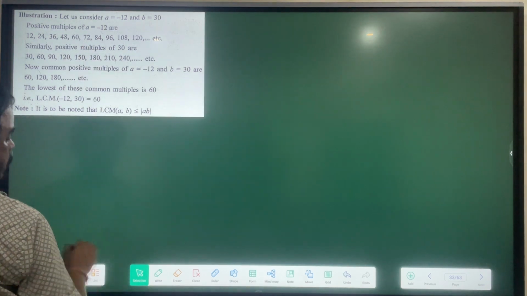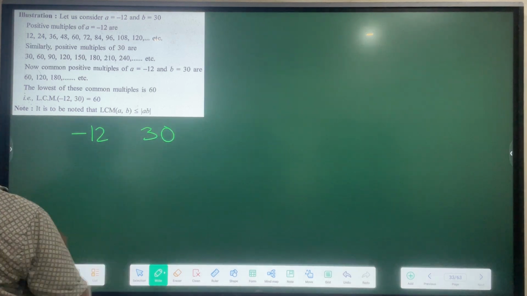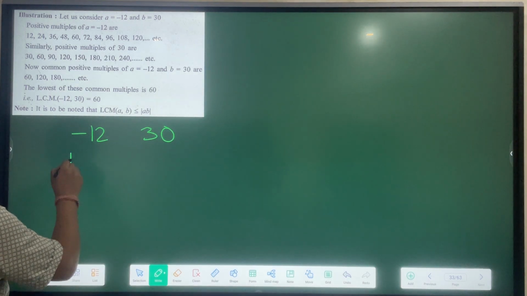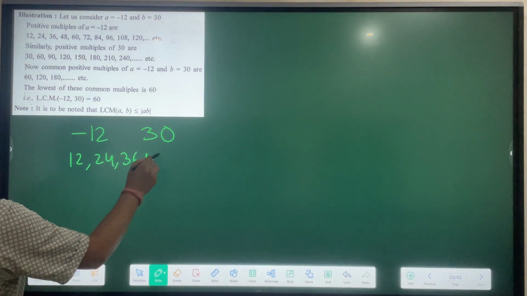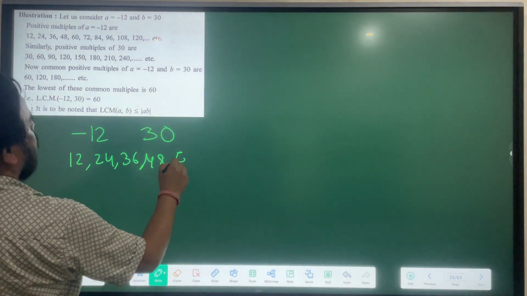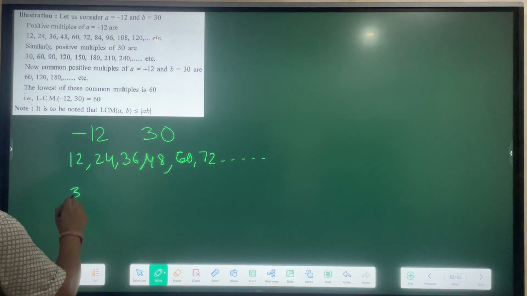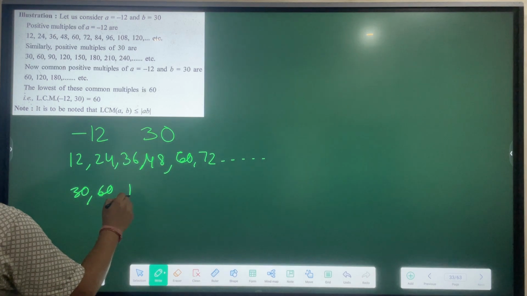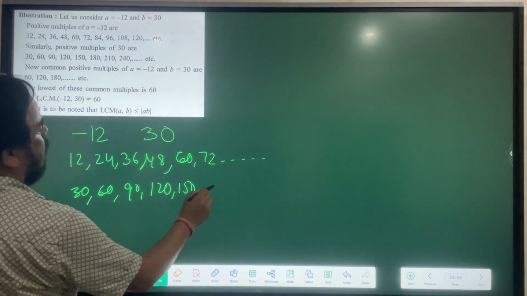Minus 12 and 30 taken. So for minus 12, 12 ones are 12, 12 twos are 24, 36, 48, and 60, 72, like this it is written. For 30, 30 ones are 30, 60, 90, 120, 150, like this, go on writing.